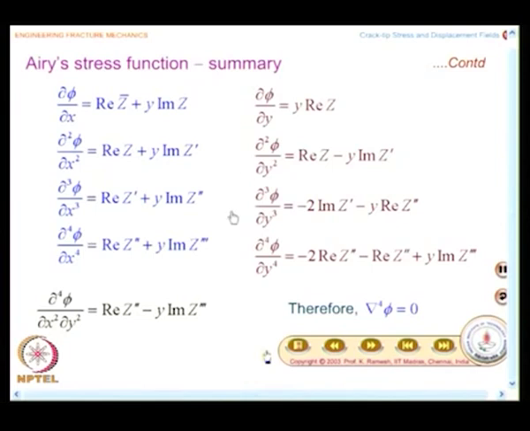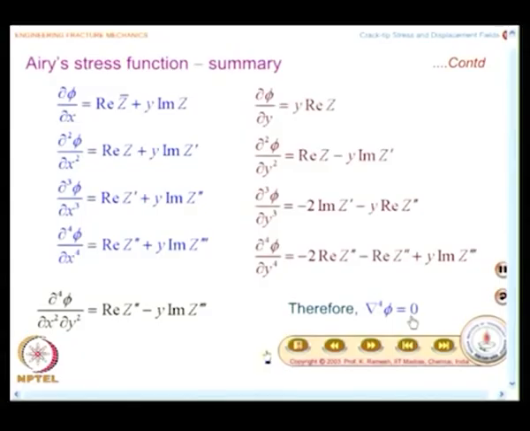And what we looked at was, when you substitute these appropriately, the biharmonic equation is satisfied. So, we have made sure that we are working with a stress function which is a valid candidate for solution. At this stage, let us look at it this way. We will also look at the boundary condition.